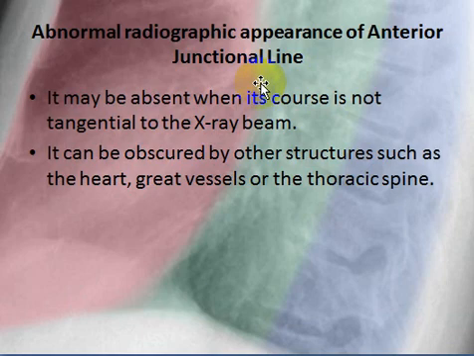Abnormality involving the anterior junctional line. The anterior junctional line may be absent when its course is not tangential to the X-ray beam, and it can be obscured by other structures like the heart, great vessels, and thoracic spine.